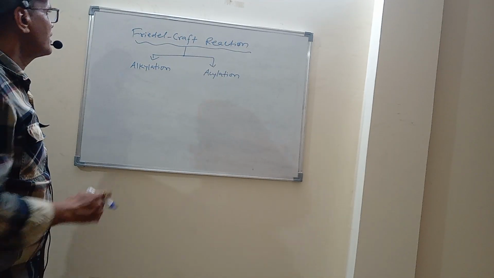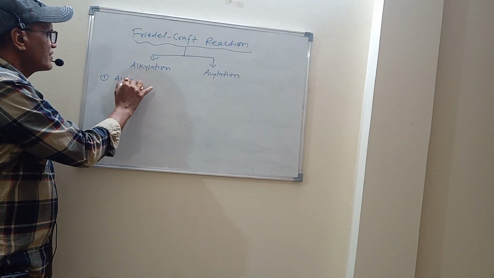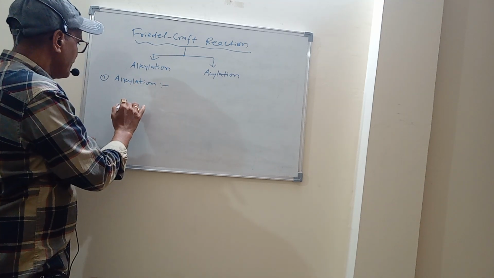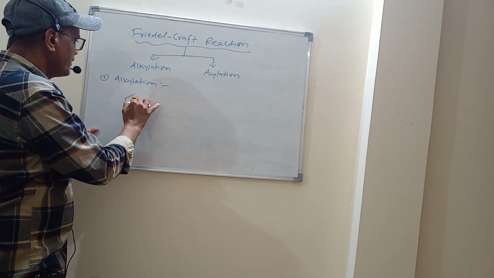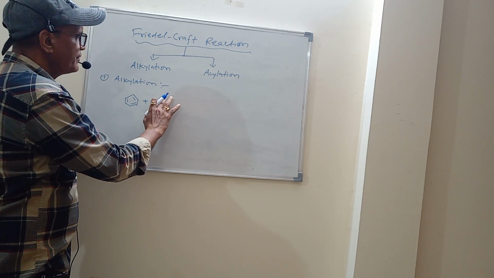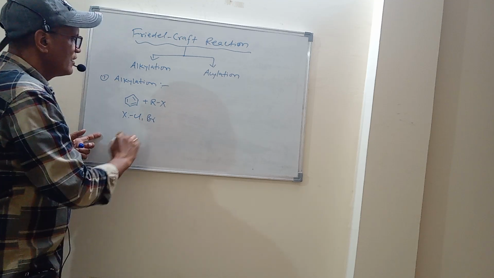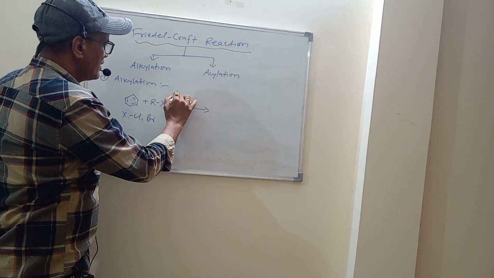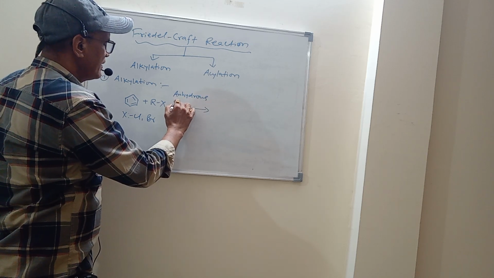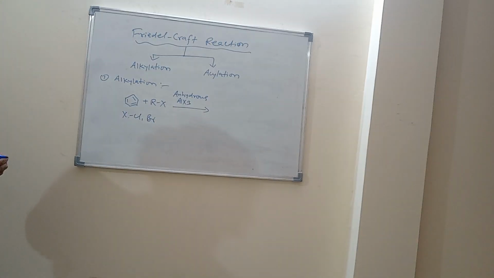So the first thing we are going to consider here is alkylation. Here we take benzene, alkyl halide, where X can be Cl or Br, and Lewis acid catalyst like AlX3, AlCl3 or AlBr3.